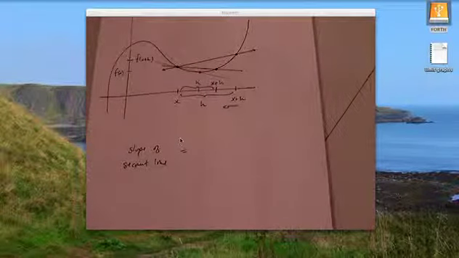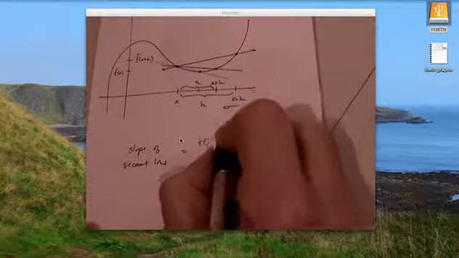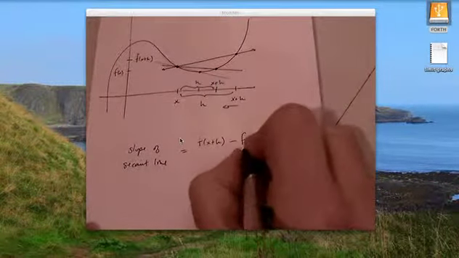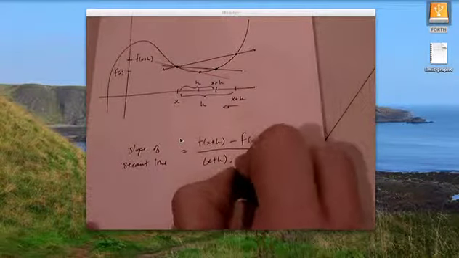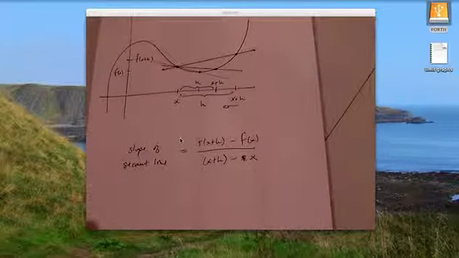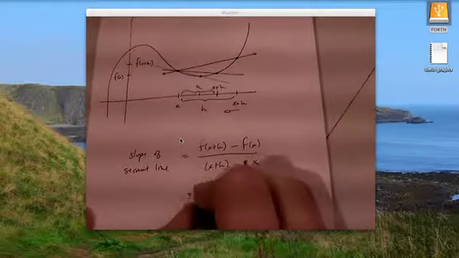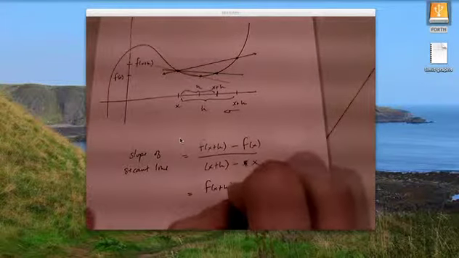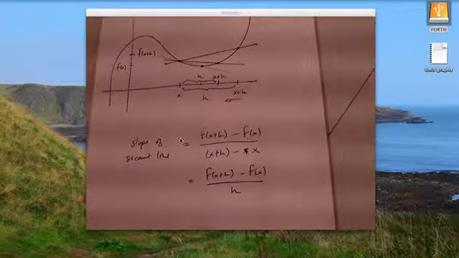So change in y over change in x. But what we have here, because we're dealing with function notation, winds up being just a little bit easier. Minus x, okay? But the denominator simplifies, right? And we wind up getting f of x plus h minus f of x over h.